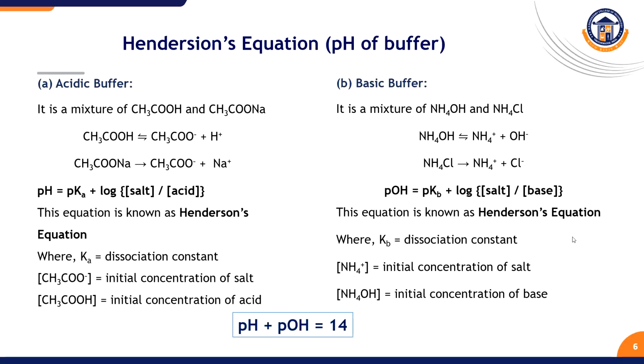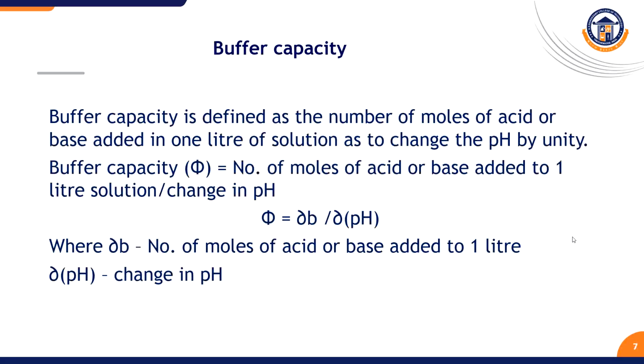In general, according to Sorensen, pH plus pOH equals 14. That is, the minimum value is 0 and the maximum value is 14. Any solution's pH lies between 0 and 14 only.